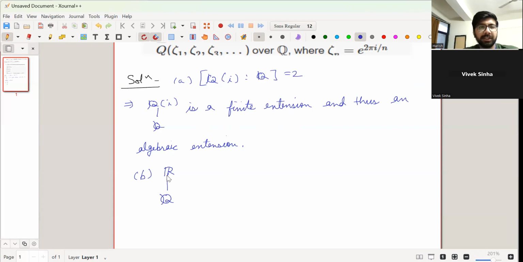Finiteness is just a sufficient condition, but not the necessary one. Without finiteness also the extension can be algebraic, and we will see such an example soon.